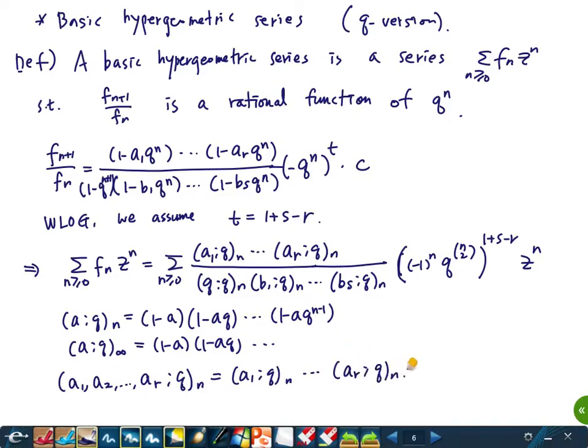All right? So these are common notation. This is called the Q Pochhammer symbol. It will be used very often in Q series, so you need to remember this.